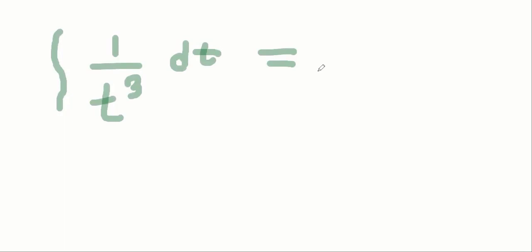Very easy. What you should do is, you take t cube to the top, it becomes t to the power minus 3. तो हो गया ना x to power n वाला format, right? So first we'll write it in the form of t to the power minus 3 dt.